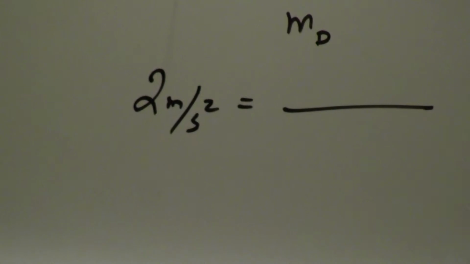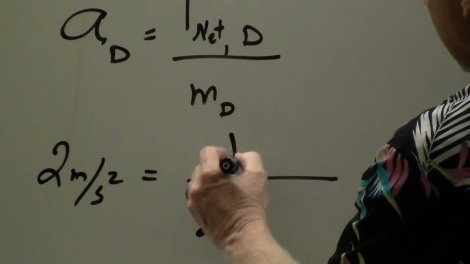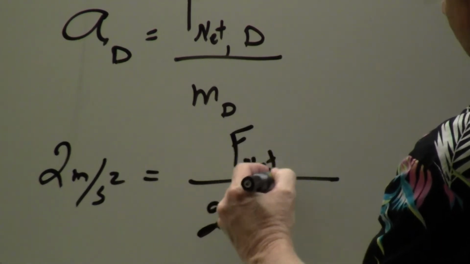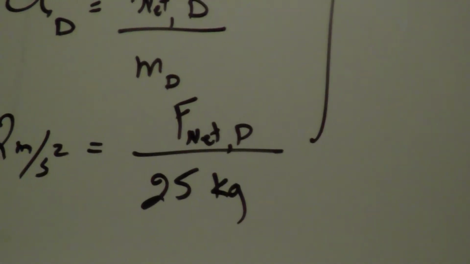Now the mass of the daughter is 25, so I can now find the net force on the daughter. The net force on the daughter would be 25 kilograms times 2, and so that's 50 newtons.